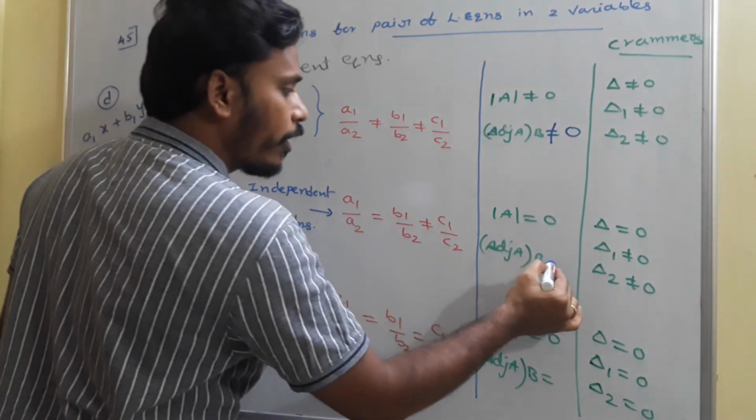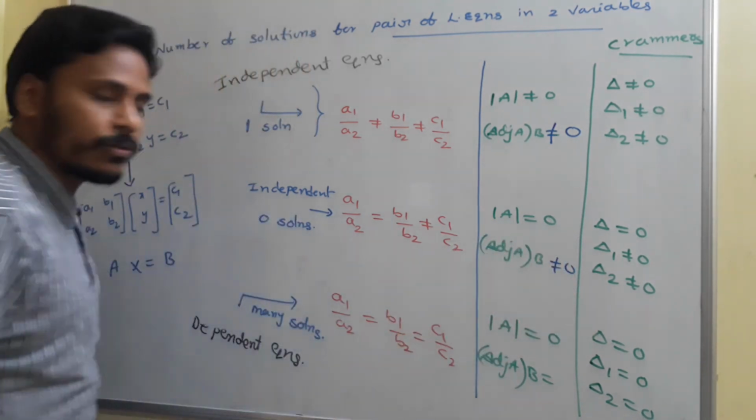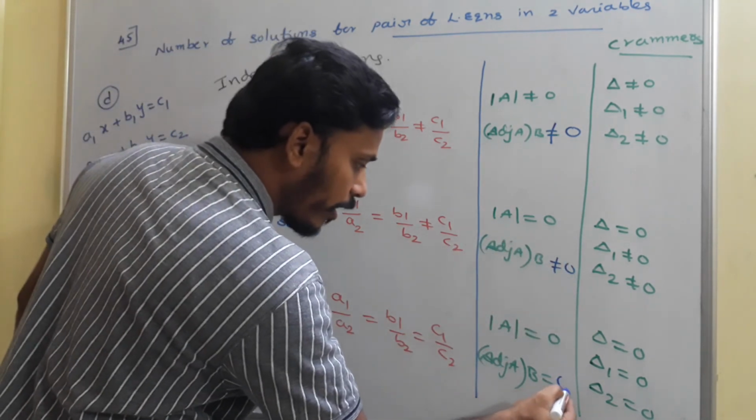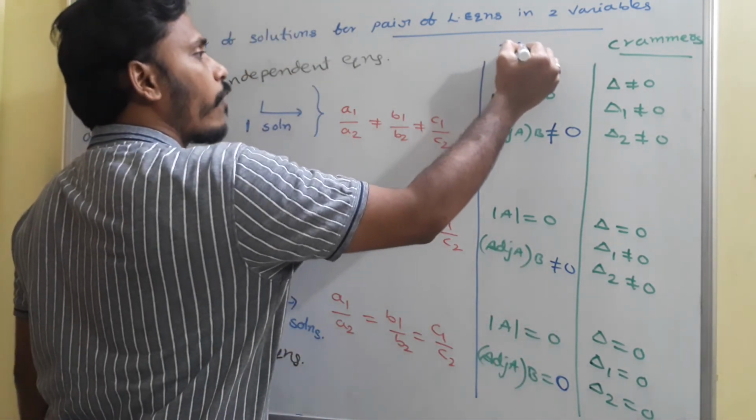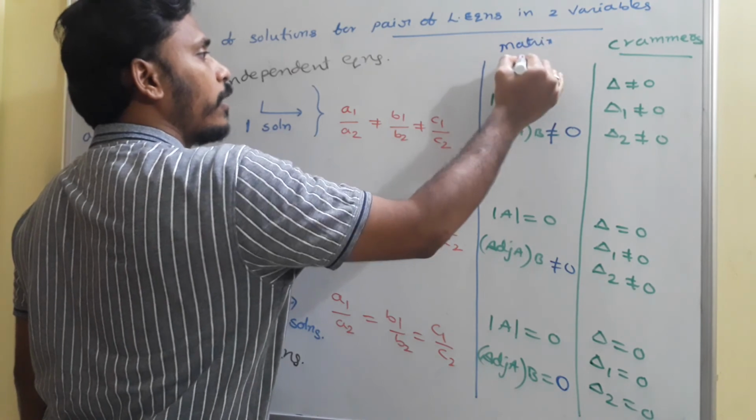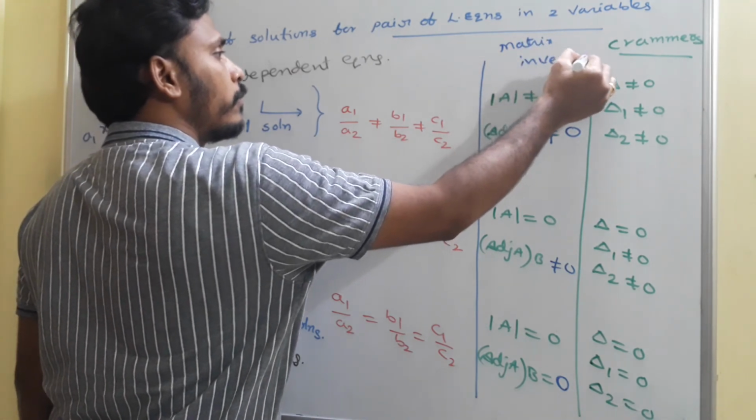And here again adjoint A into B is not equal to 0. And in the last case adjoint A into B is equal to 0. And this is the discussion from matrix inversion method.